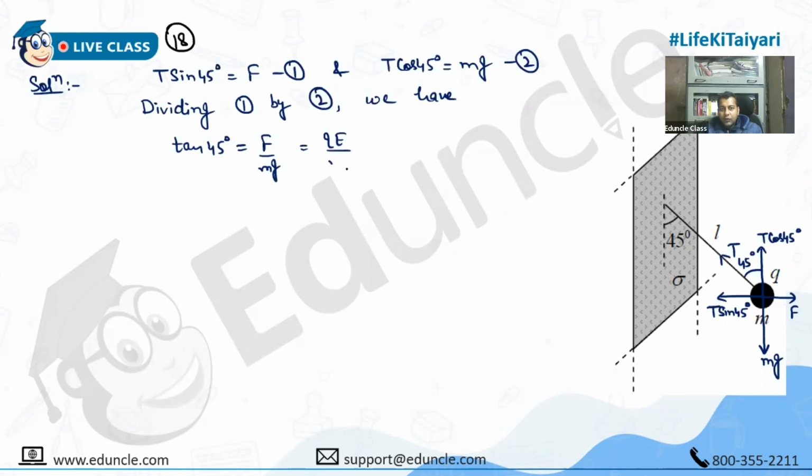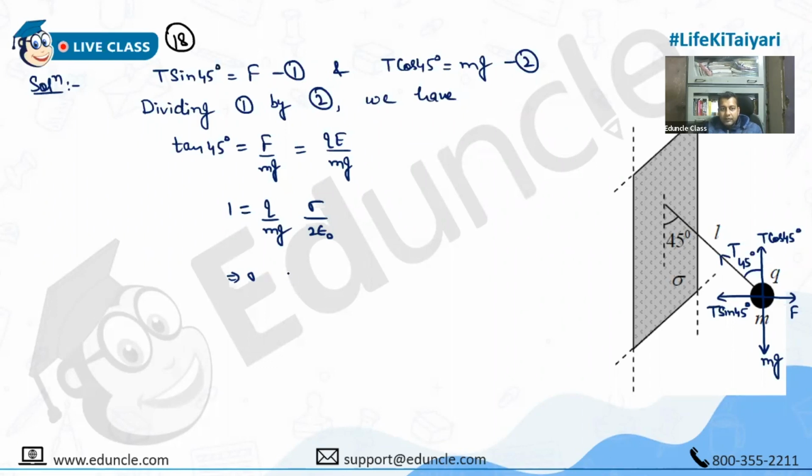F is equal to QE. Q is the charge on the ball. Tangent 45 is 1. And we know that electric field due to sheet of charge sigma by 2 epsilon.